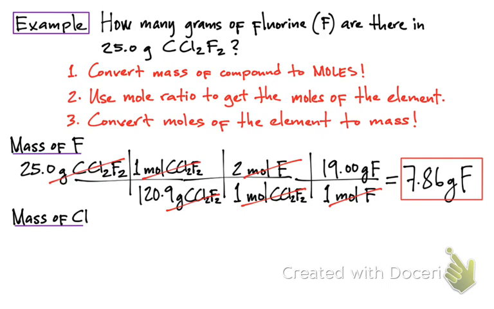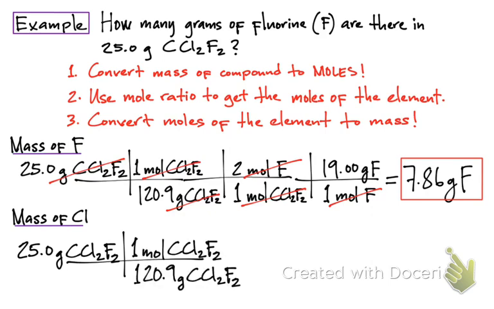Let's look at another example. What if you're trying to find the mass of chlorine in grams instead of fluorine? So now we're looking at chlorine. Again, you're going to do the same thing. Convert the mass of compound to moles, and then from moles of the compound to moles of the element. In this case, you're going to use the mole ratio, this time between chlorine and the compound.